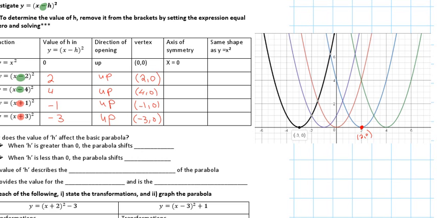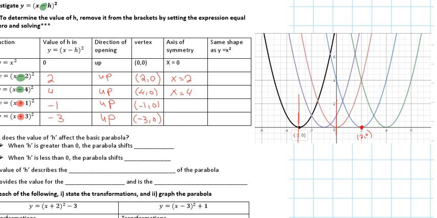Okay. Now, is the axis of symmetry still the same for all of them? Is the axis of symmetry of this the same as the axis of symmetry of this, the same as the axis of symmetry of this? No. Right? So what's the axis of symmetry for x minus 2 squared? X equals 2. That's right. The axis of symmetry of x minus 4 squared?